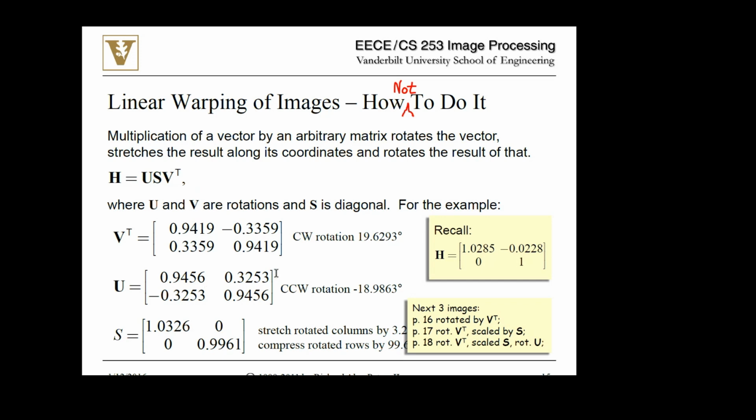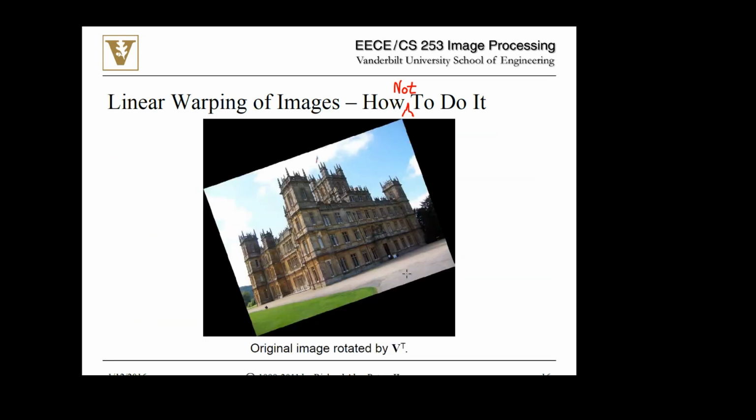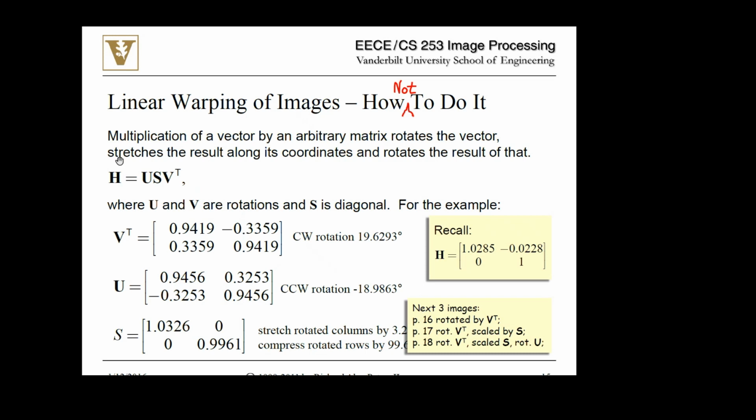And in this particular case, it is a clockwise rotation of 90 degrees, then this scaling, and then a counterclockwise rotation of minus 90 degrees. So let's do that. We first rotate by this.